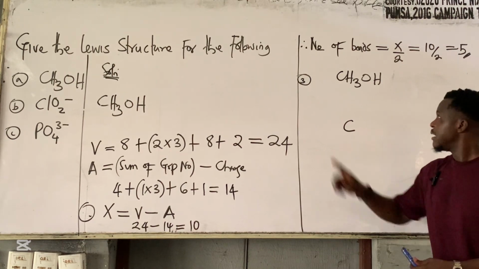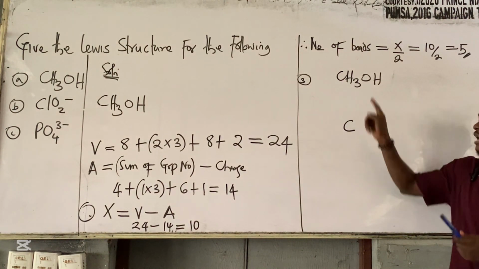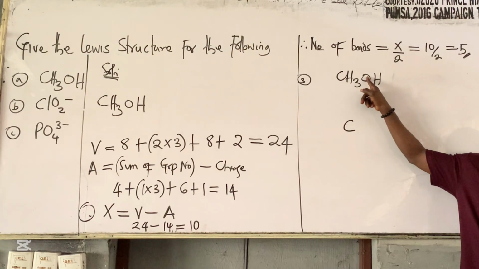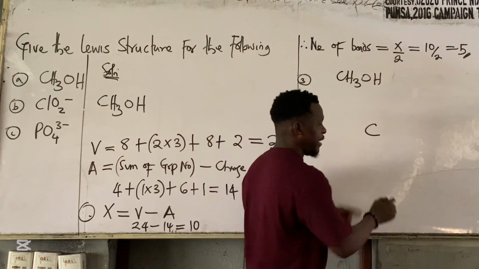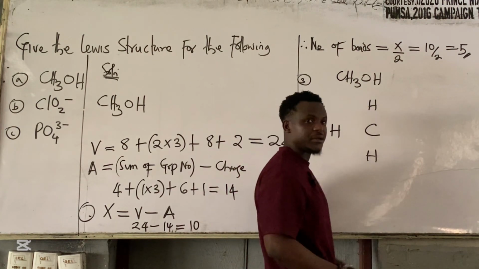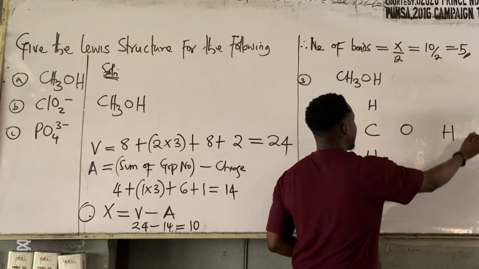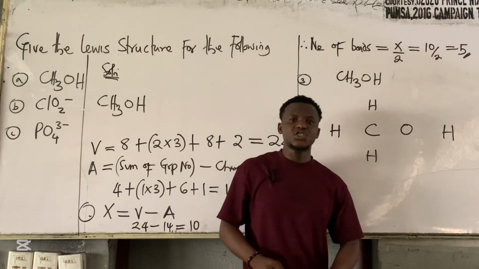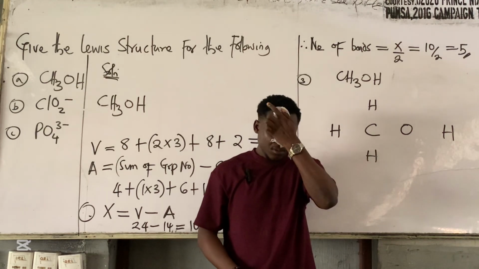Class, look up. This carbon is holding 3 hydrogens, and also holding oxygen. Now look at how this compound looks. We have 3 hydrogens here, 1, 2, and 3. Then we have OH, O and H. Class, that is a skeletal structure.